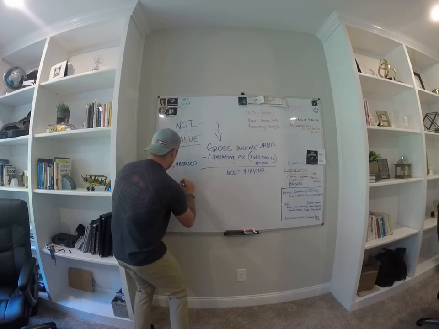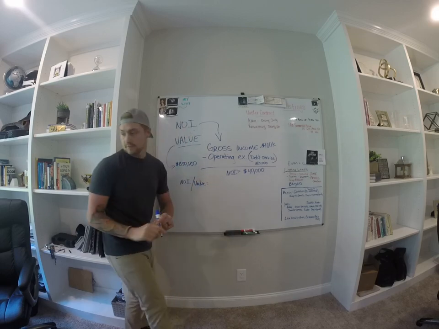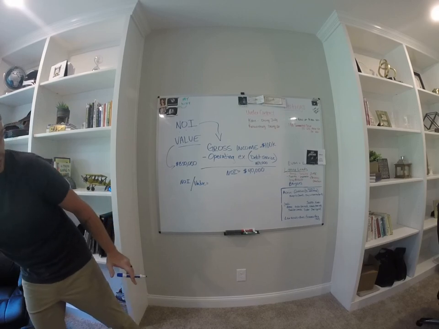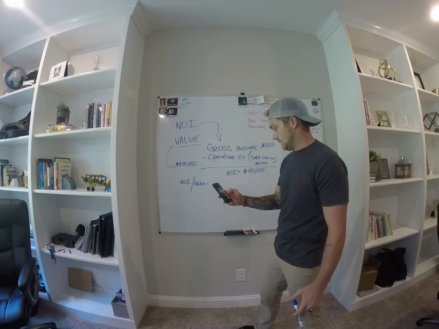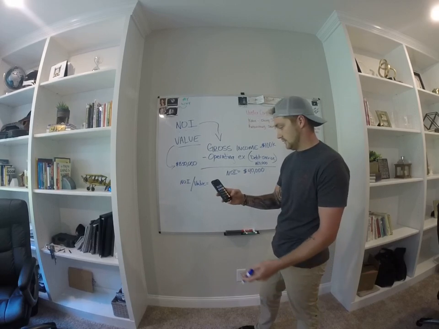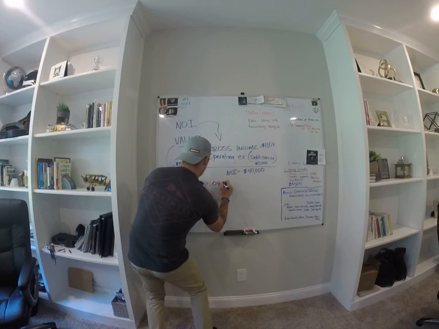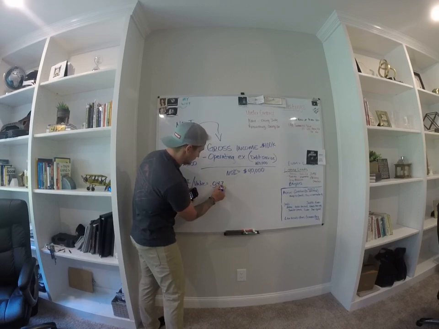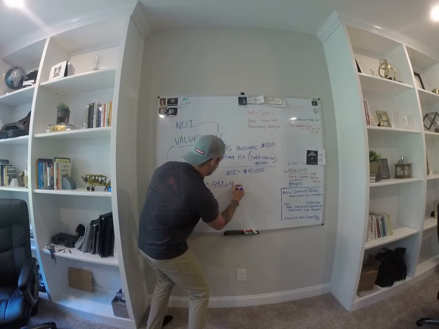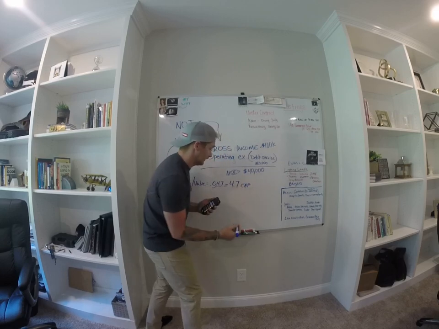You take your NOI divided by your value equals, get our trusty iPhone calculator here, 40,000 divided by 850,000 equals 0.047. Math tells me I'm going to move my decimal point twice, equals a 4.7 cap. Basically 4.7%.